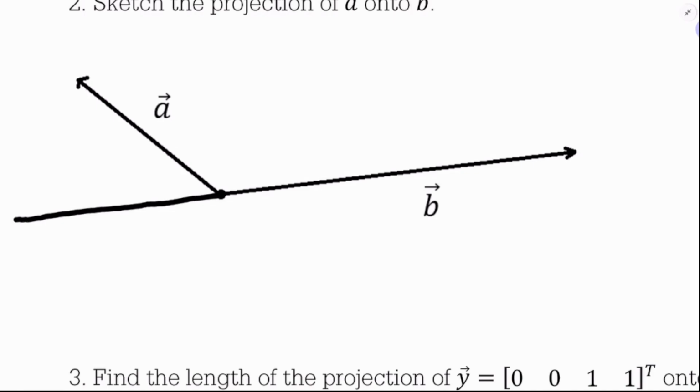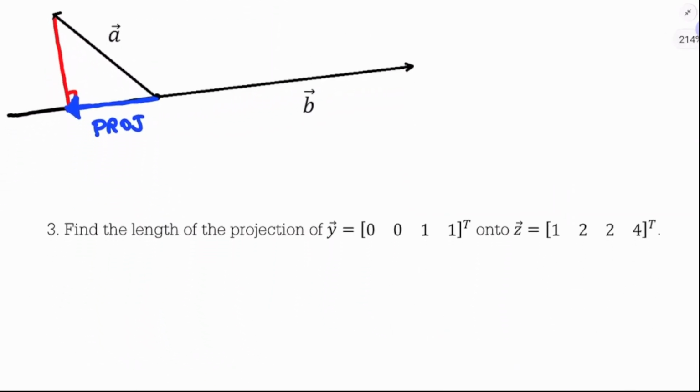There we go. So if I'm looking for the projection of A onto B, I'd look for where this is going to come down perpendicularly, and then the projection itself is going to be the vector I'm going to draw right there in blue. I think that's a good enough sketch for our purposes here.